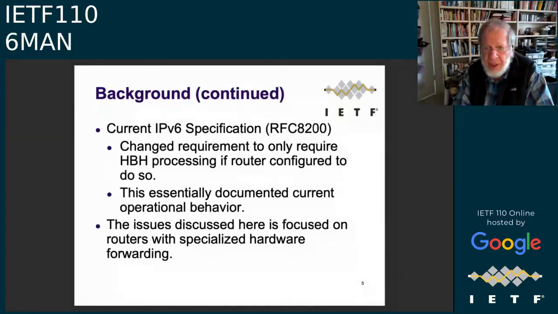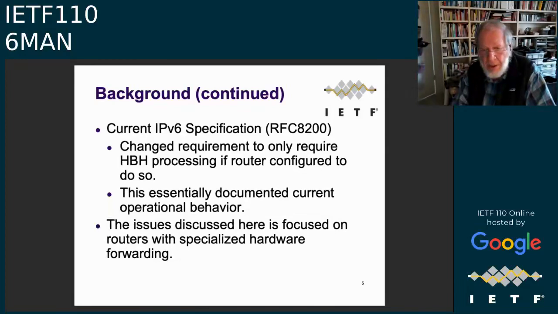The current specification changed this a little bit. It tried to document the reality when we published the IPv6 specification as an IETF standard, the last step in the standards process. We changed it to only require processing if the router is configured to do so. And this matched what was being done operationally.